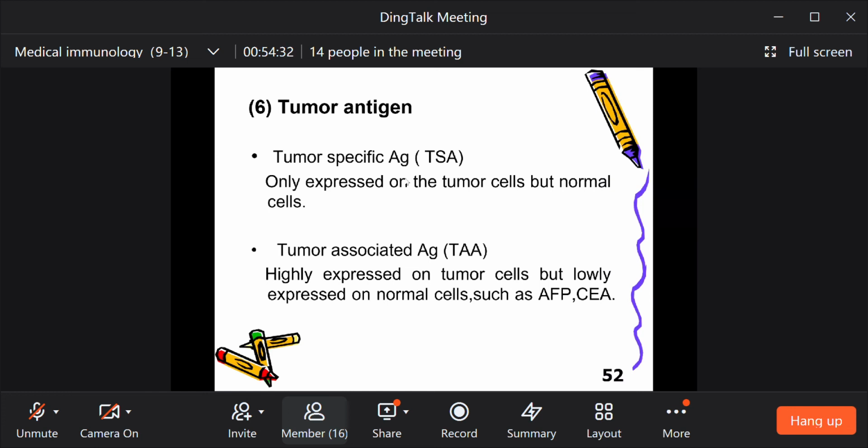So we can see it is a terrible structure for our body. We can imagine that the tumor cell displays something very different from the normal cell.